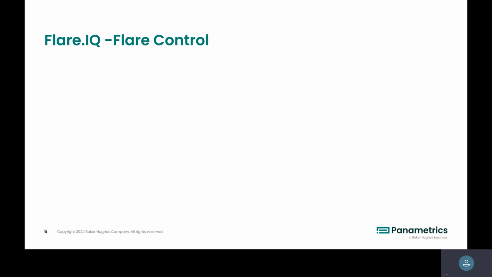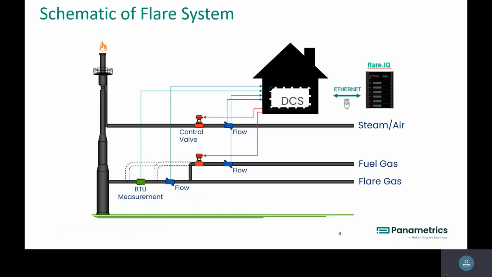So for flare control, you saw this just minutes ago. For a typical flare system, you have a DCS controlling the steam or air assist, or also supplemental fuel gas, and of course you also have metering for the steam, fuel, or flare gas.